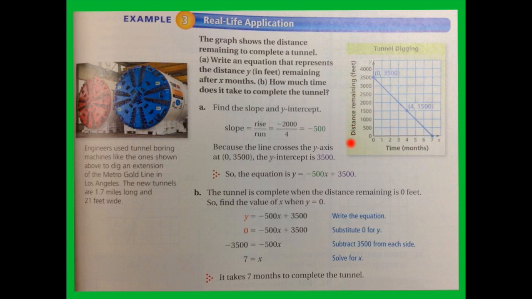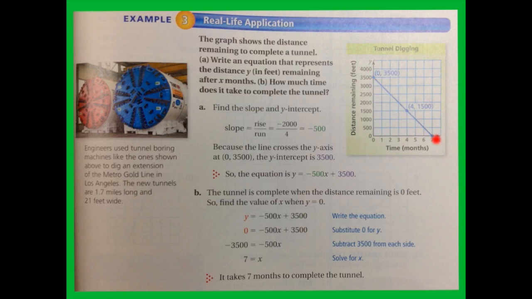This is important for when you make your own graphs, that you make your labels clear with your intervals. You can see this goes 500 feet every jump, 500 to 1,000, all the way up to 4,000. This is our y-axis. Our x-axis is time in months.